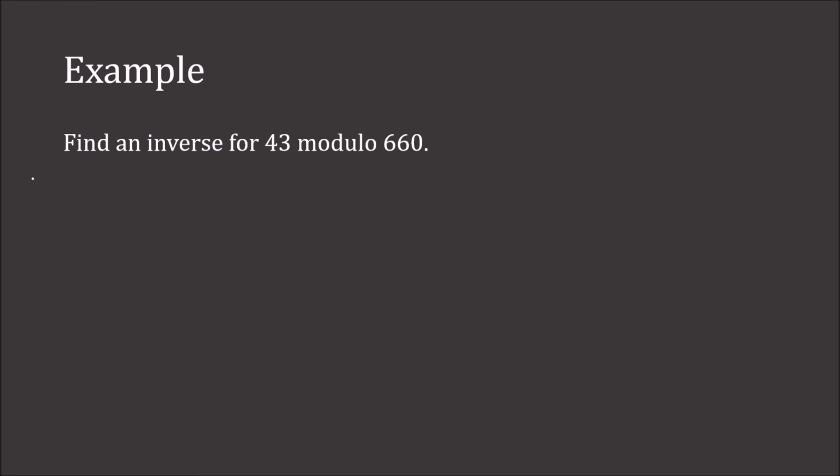So we're going to write out 660 as some integer times 43 plus a remainder. So 43 times 15 with a remainder of 15. So this would mean that 15 is equal to 660 minus 43 times 15. All we did was solve for the remainder r.